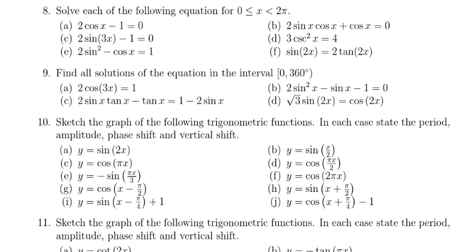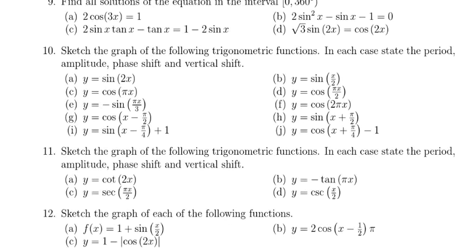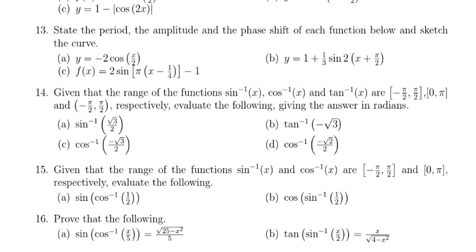Question 9 is also there, how to answer more equations. Question 10, dealing with sketching. Question 11, dealing with sketching. Question 12, dealing with sketching. Question 13, sketching as well. And then you also understand how to determine or evaluate these trigonometric expressions, looking at questions 14, 15, and also 16.